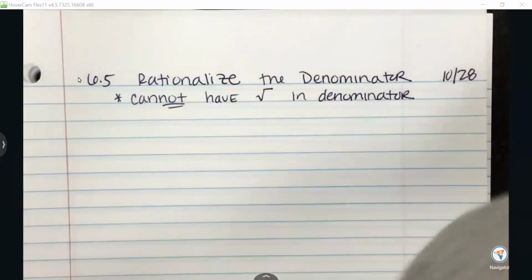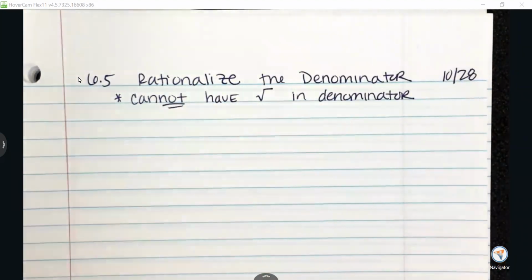Now, if it's a square root that we are rationalizing, it is extremely easy. If it is a cube root, it's a little bit harder, but it's not impossible. If it's a 4th, 5th, 6th, 7th, 10th root, it's a nightmare. So when we get to 5th root, I will show you 2 ways to do it. The easy way, which has a lot of work, or the harder way, but is only 1 step.